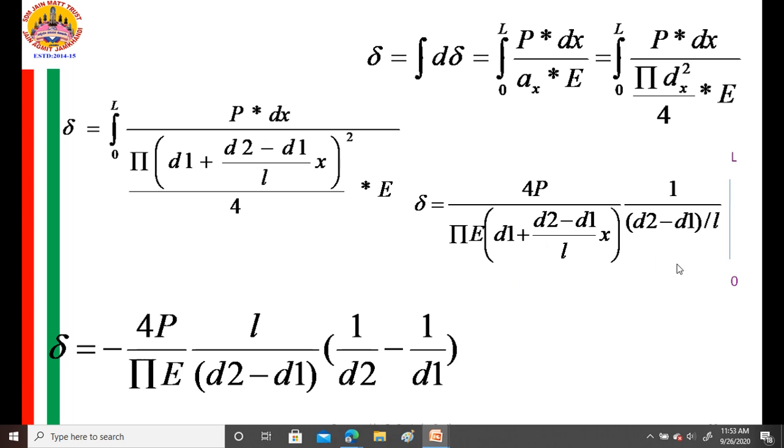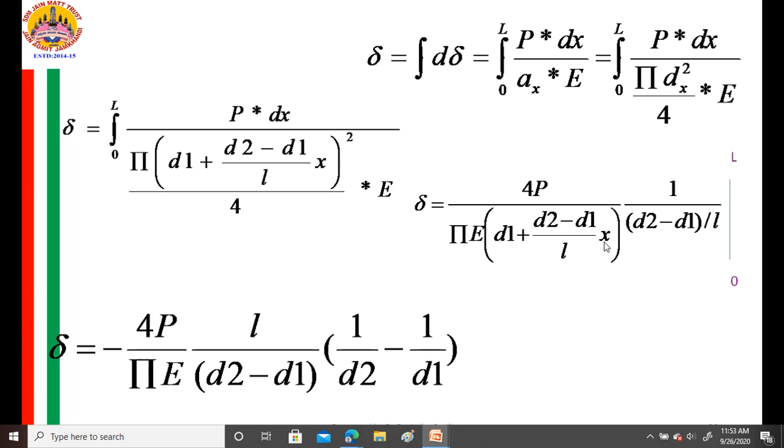Substitute the upper limit L. This L and this L will cancel out. d1 plus d2 minus d1 is left, that is d1 and d1 cancel out, 1 divided by d2 is the upper limit. Go for the lower limit.